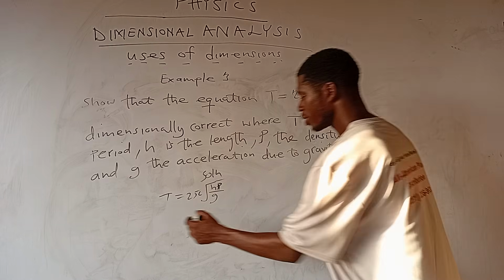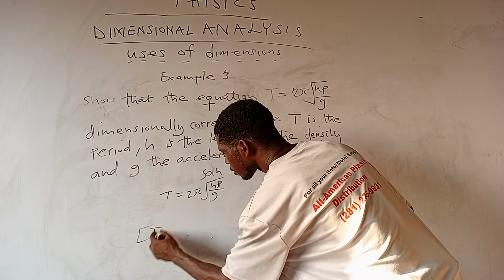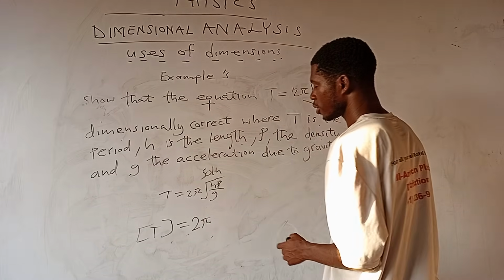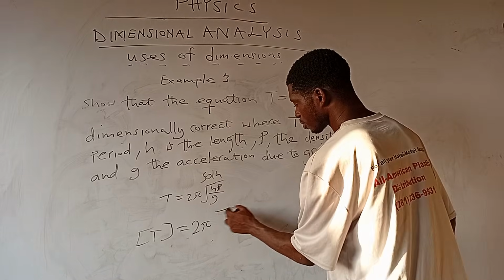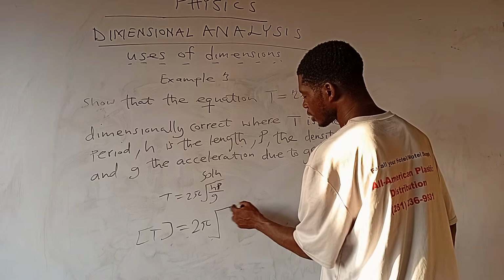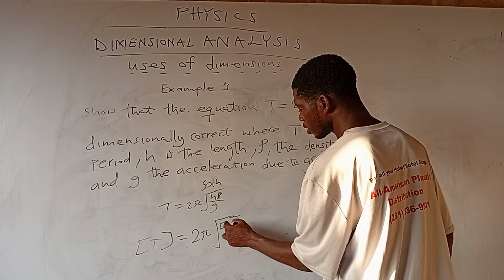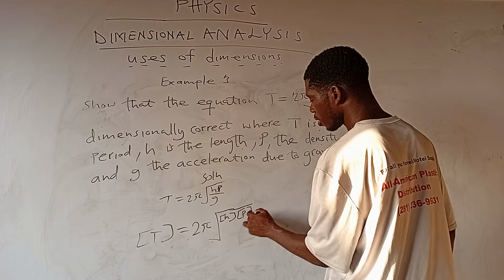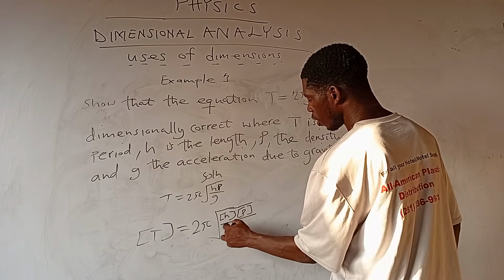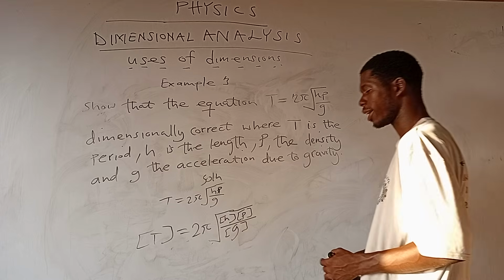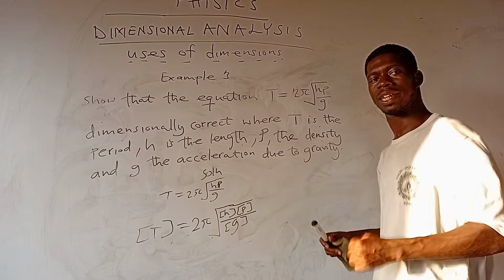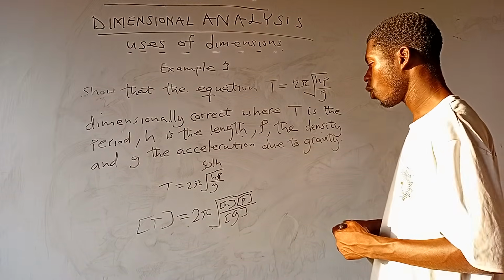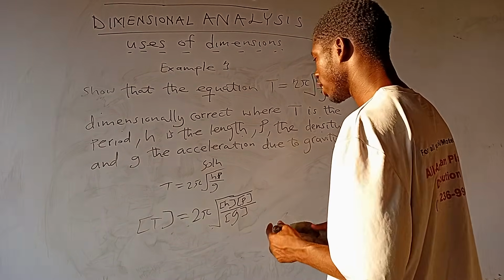Take the dimension of T. 2 pi is a constant. Then take the dimension of h, the dimension of p, and the dimension of g as well. So we take the dimensions of the terms.